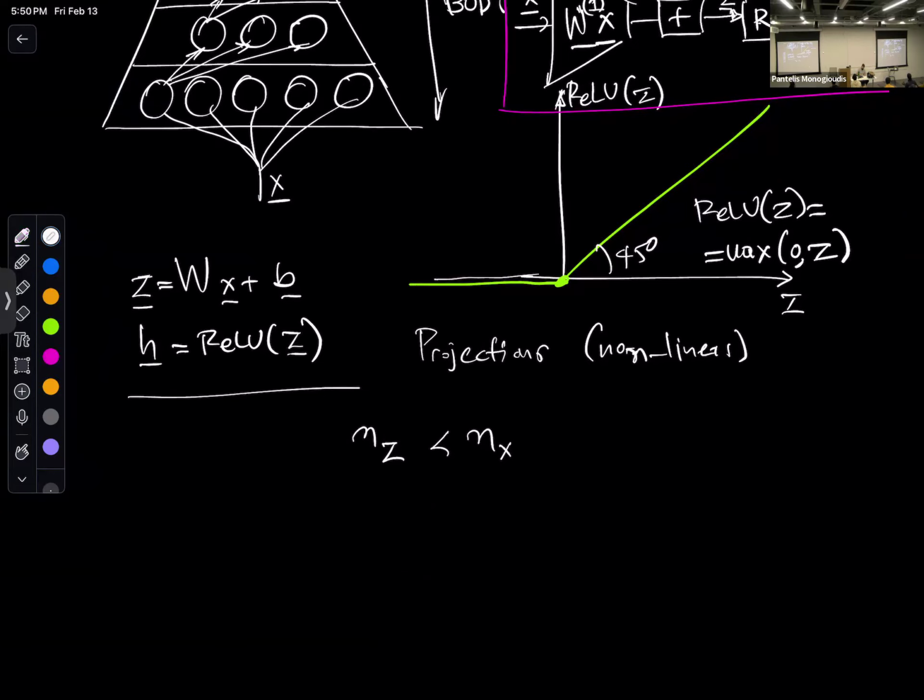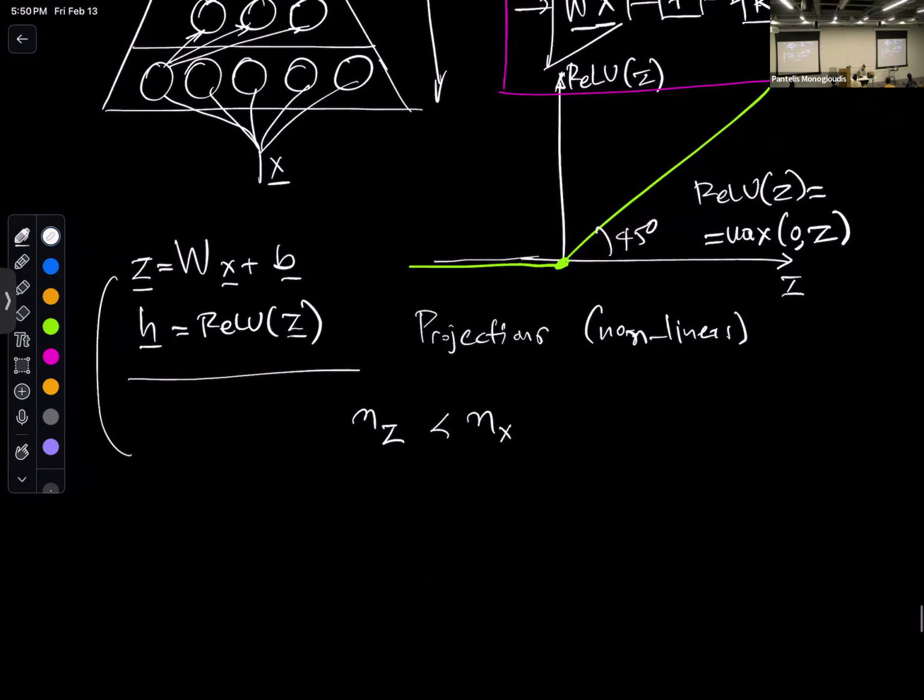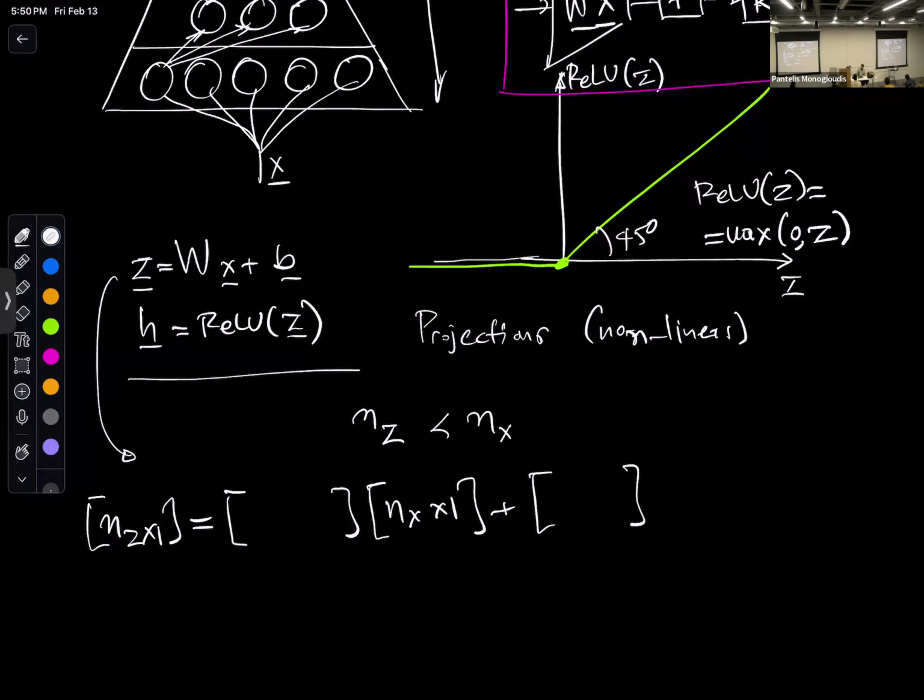Okay, so we take this multiplication, right? Let me write it again in terms of dimensions. Definitely Z is a vector, therefore I'm entitled to write NZ times 1 in terms of dimensions. It is equal to something which is a matrix, times X, which will be NX by 1, correct? Plus something else.